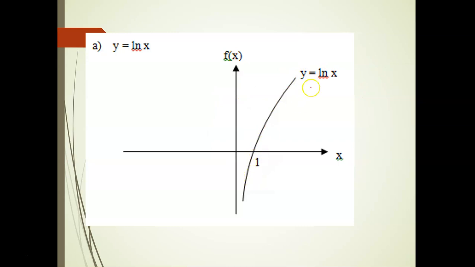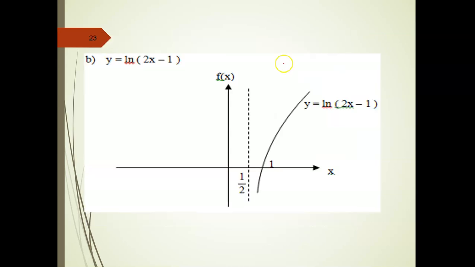How does the graph look like? Just now, y equals ln x. We didn't write it as log base e of x. It is very rare that we write in this form for base e. Log e you will write as ln. How about the next one? y equals ln(2x minus 1).